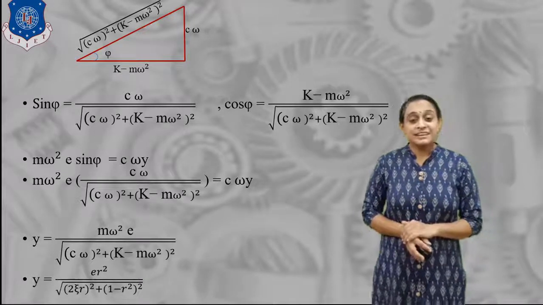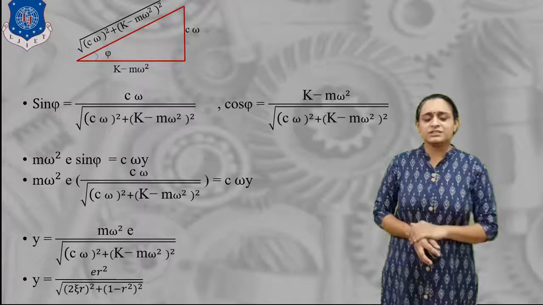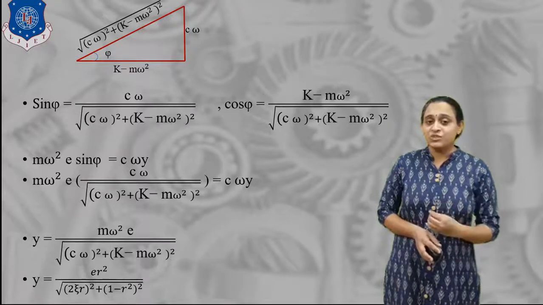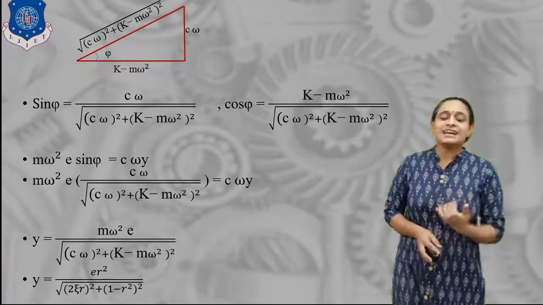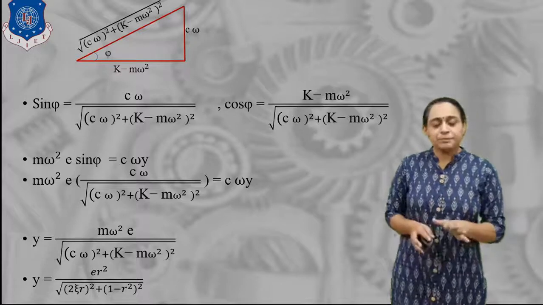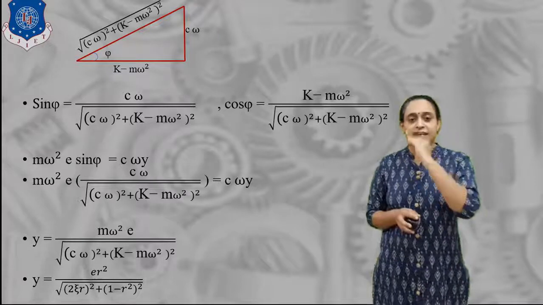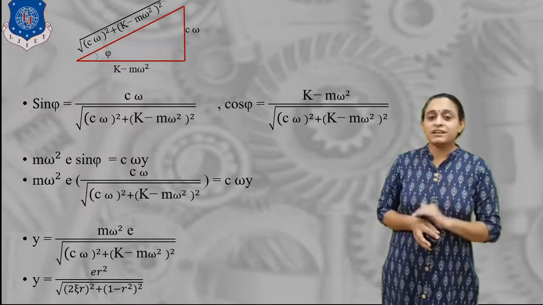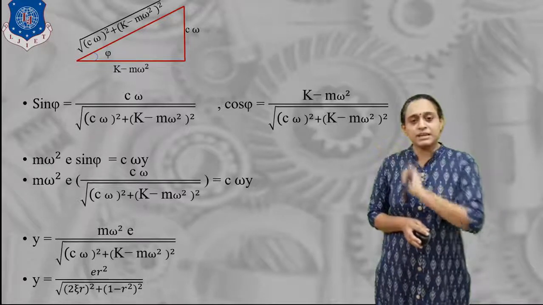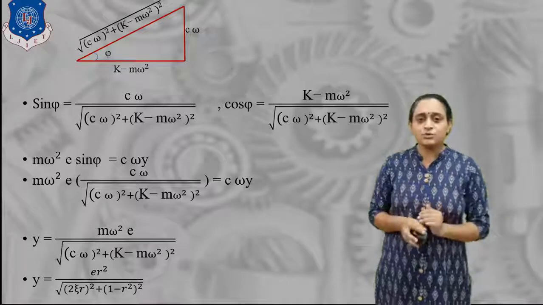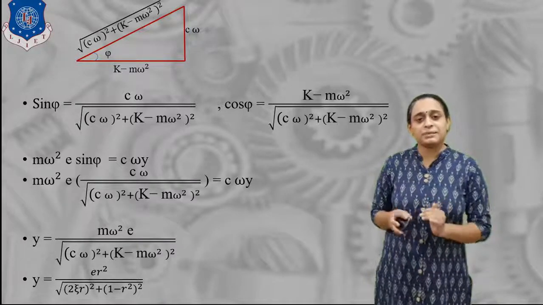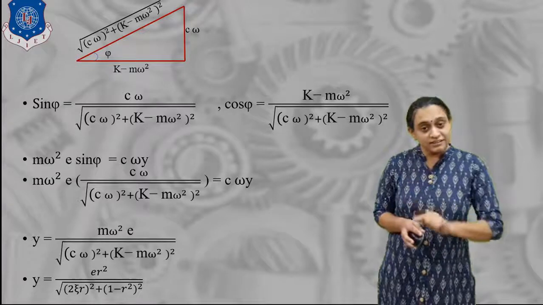Now, let us solve this further, and I have written directly the value. What I did in this equation, simply we have to divide this equation with k. Okay. So here what we can write? m omega square E by k upon under root of C omega whole square plus K minus m omega square whole square divided by k.